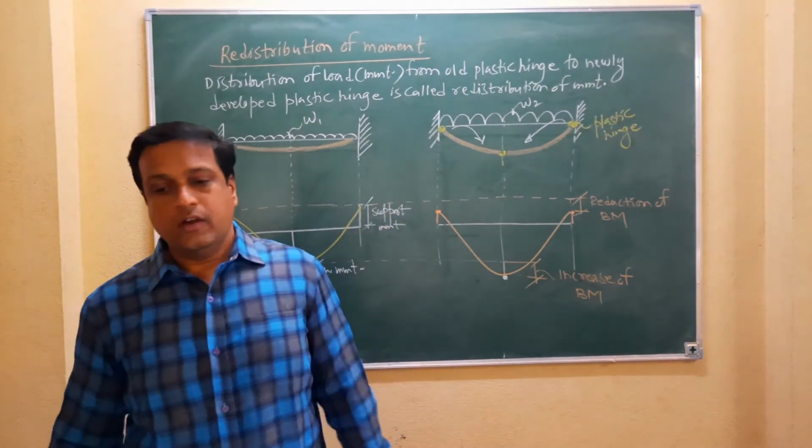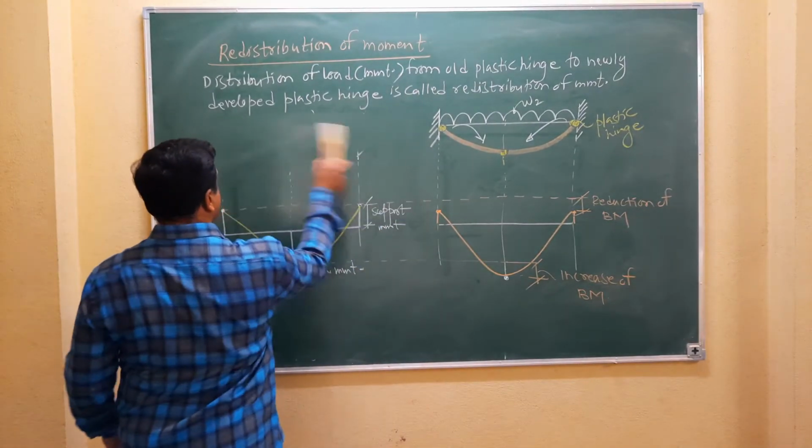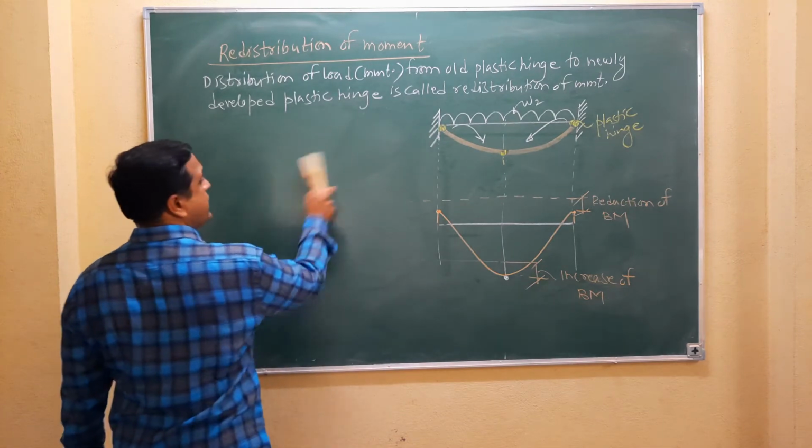So what does the IS code say related to the redistribution of moment? What are the points that we have to consider?